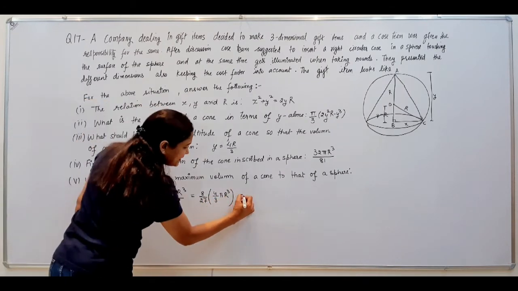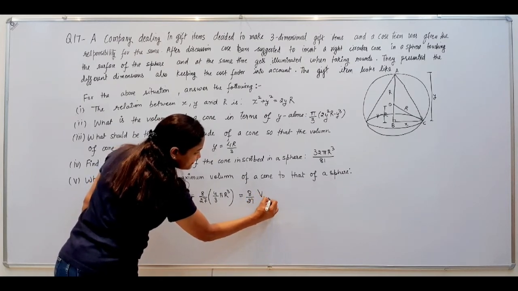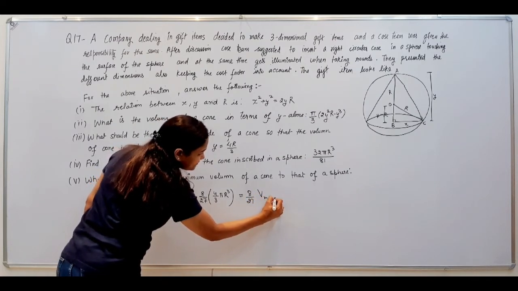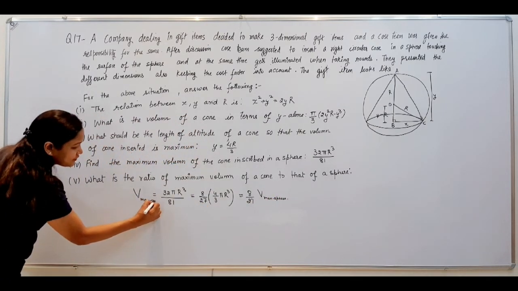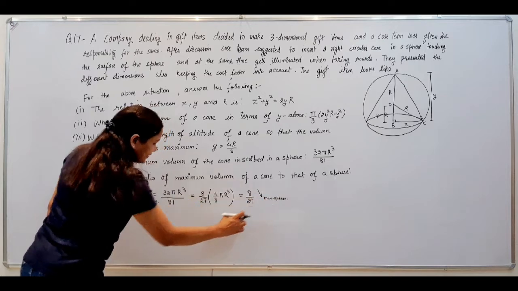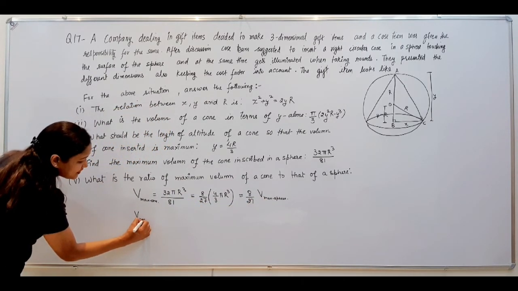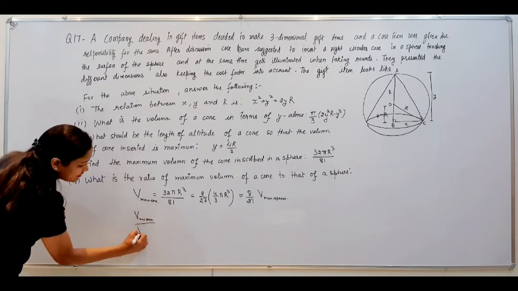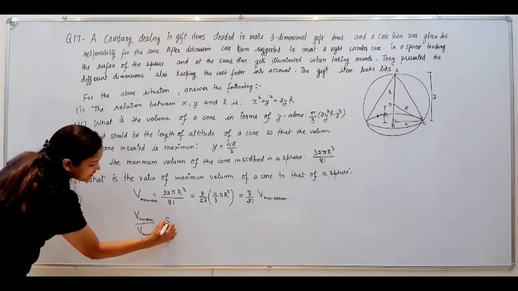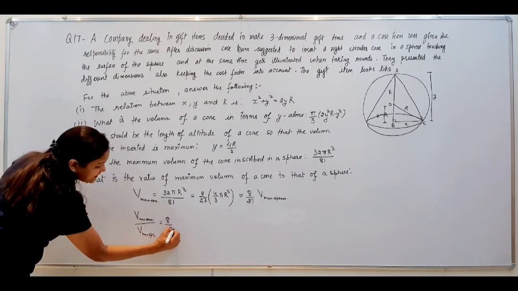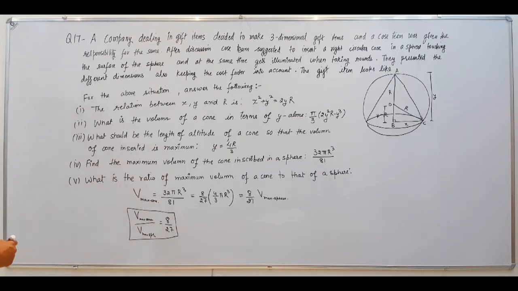So you can write it as 8/27 times volume of maximum sphere, and this is volume of maximum cone. So if you bring the volume of the sphere down, volume of maximum cone upon volume of maximum sphere will be equal to 8/27, and this is the required ratio.